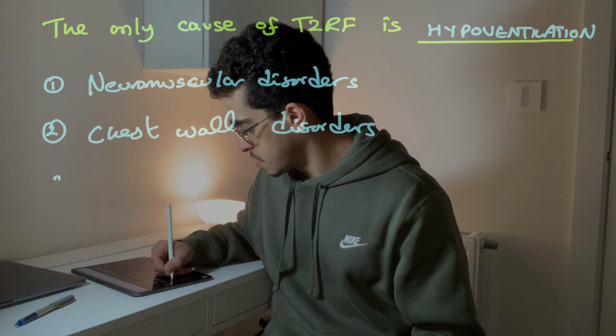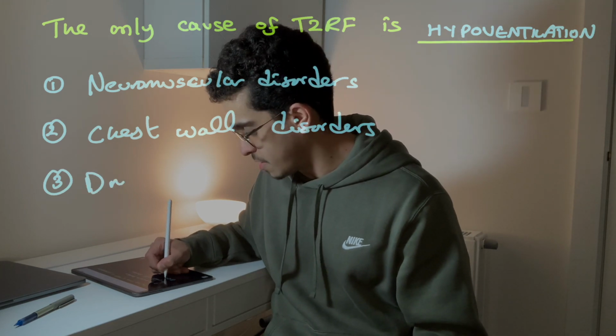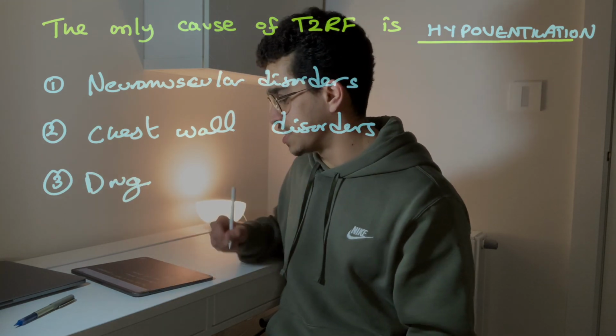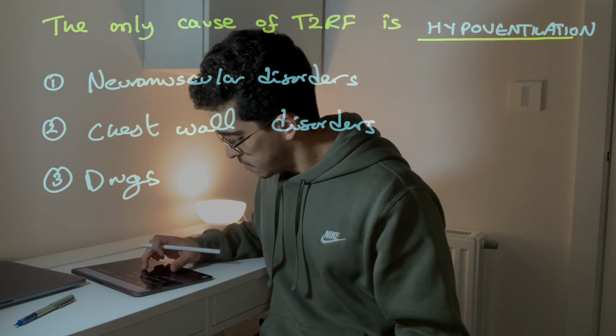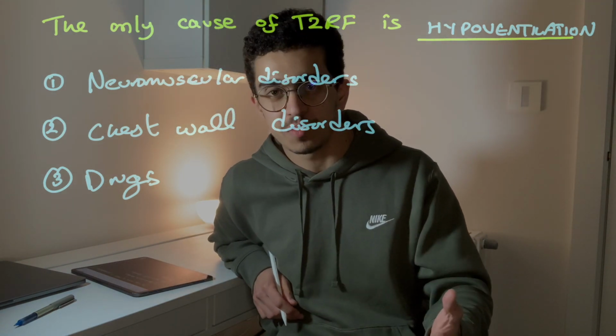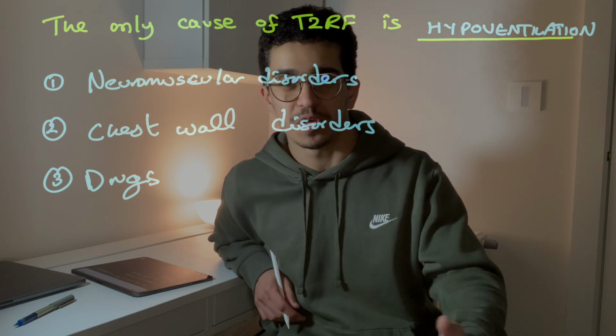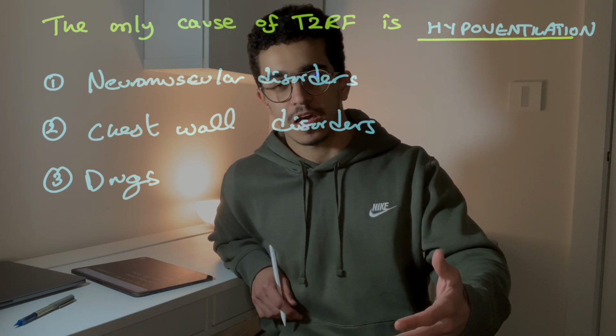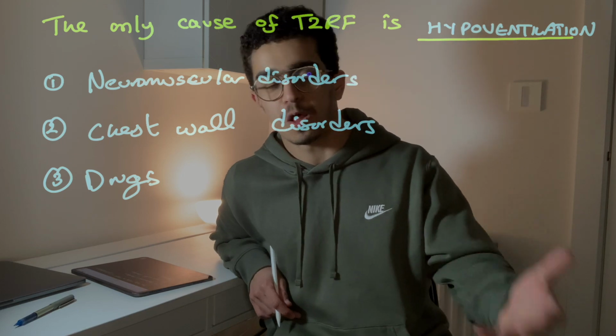Okay, what else? Some drugs can actually cause hypoventilation, such as opioids, which can cause respiratory depression, as well as barbiturates. Okay, when someone has an overdose of morphine, we give them naloxone.